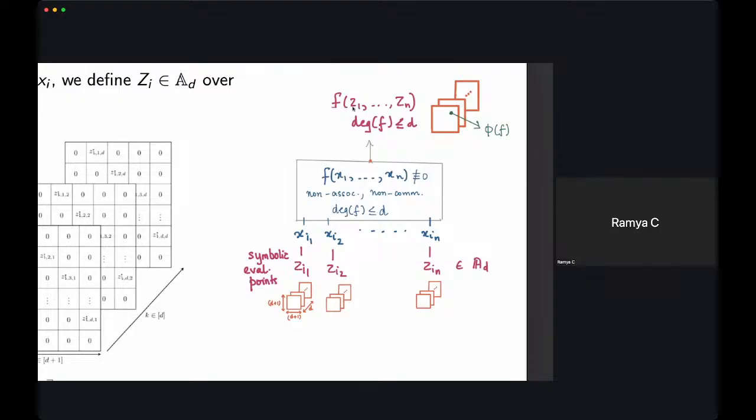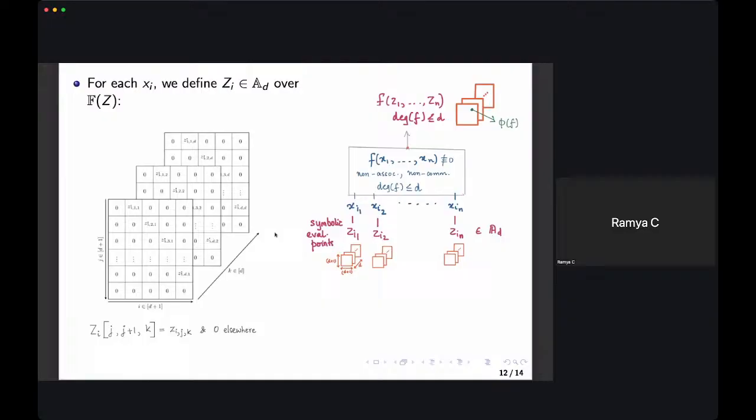What comes out after you evaluate f at these points is another element of the algebra, which again is a stack of d matrices, each of dimension d plus 1 by d plus 1. If you are able to ensure that one of the entries here is the map applied to the polynomial, then whenever f is not identically 0, this is not going to be identically 0, and hence this evaluation is non-zero.